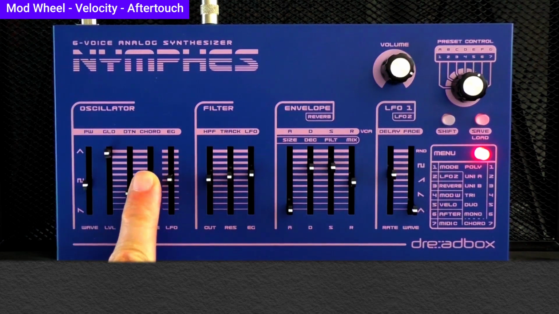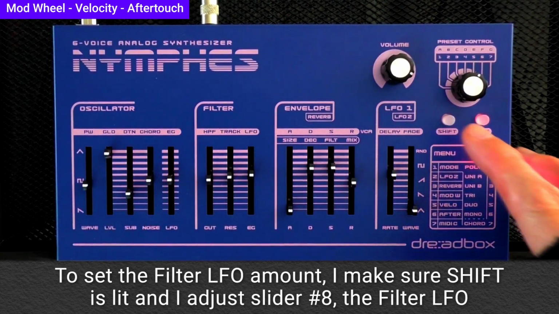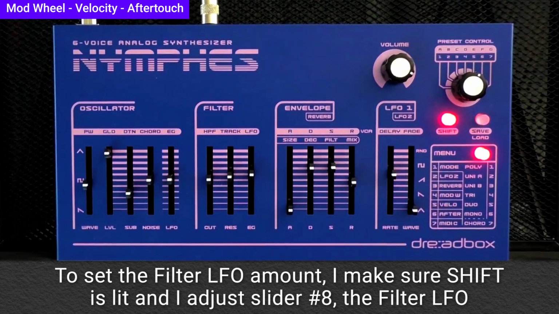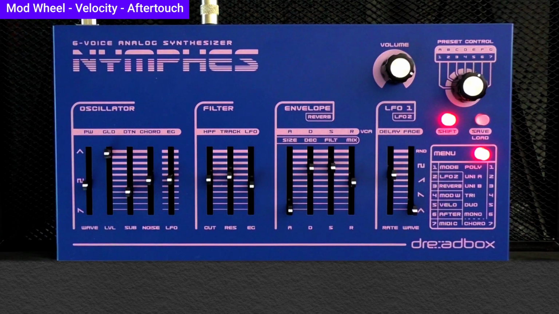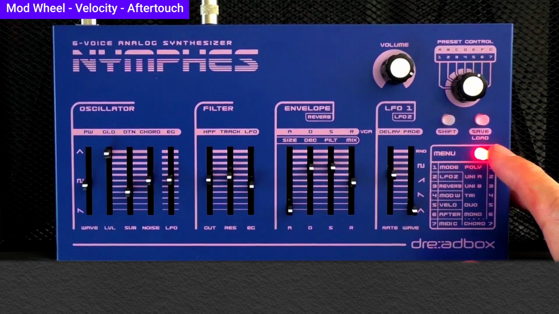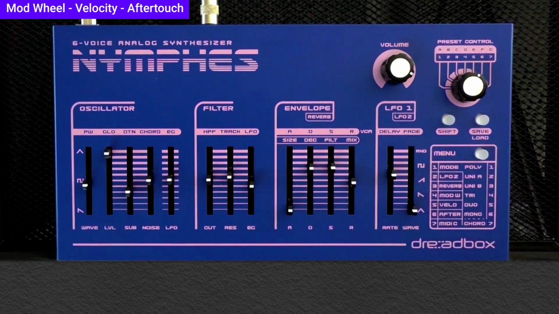Then I would press and hold or double-click the shift button so it's lit. Then I could adjust the filter LFO slider to set the amount of modulation. After that, press the shift button so it's not lit, and press the menu button to exit to normal operation.